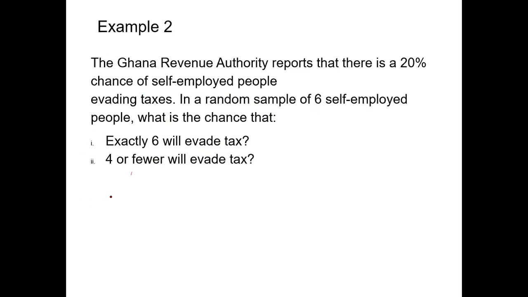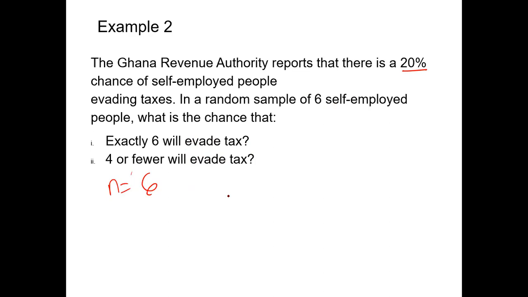So here, the number of trials is 6 because we are looking at a random sample of 6 self-employed. So n is equal to 6. Now, exactly 6 will evade tax, okay? And the probability that they will evade tax is 0.20. Since the researcher is looking for the probability that they will evade tax, that is the probability of success. That is what the person wants to find, okay?